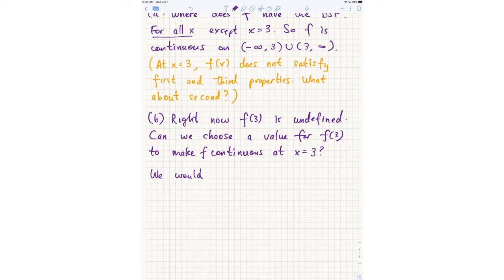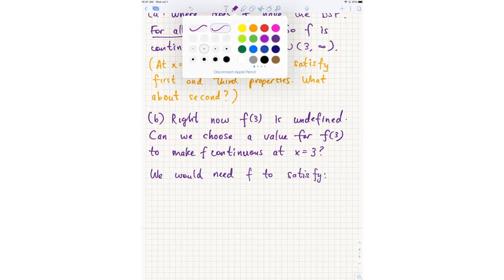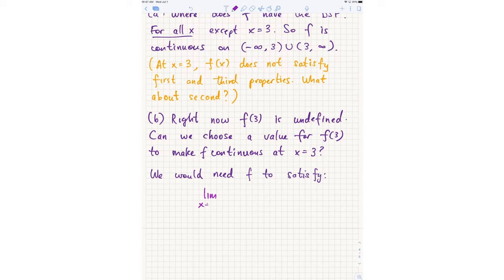So if I want this function to be continuous, it has to satisfy all three of those properties from earlier, right? In particular, it has to satisfy that third property. So we would need f to satisfy the property that the limit as x approaches 3 of this function is equal to f of 3. Keep in mind what this is telling us. If I want the function to be continuous, it must satisfy this equation.